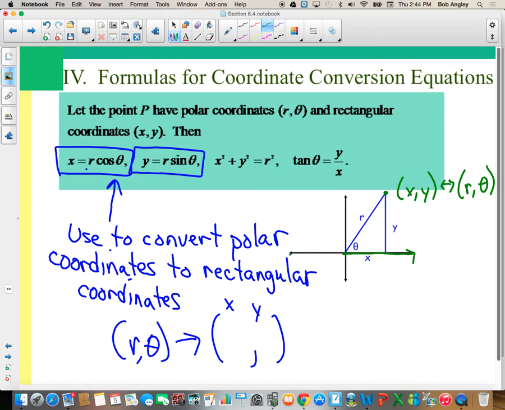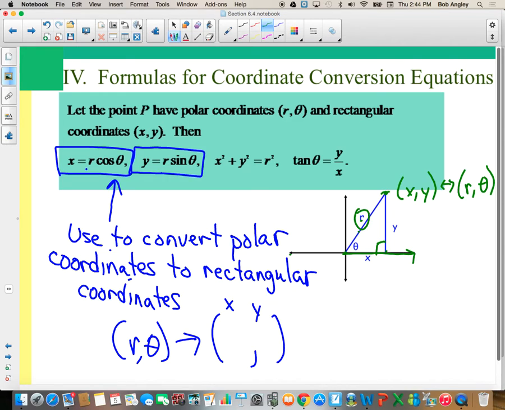So if the polar coordinates are r theta, it means the angle right here is theta, and the distance from the pole to the point is r. The way I know it's x, y is to get to that, I go over x and up y.